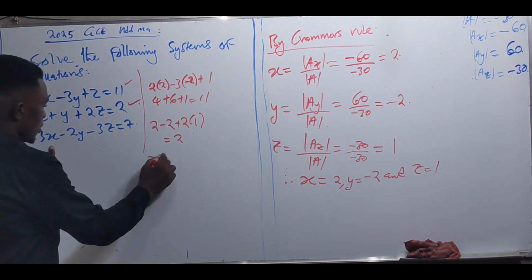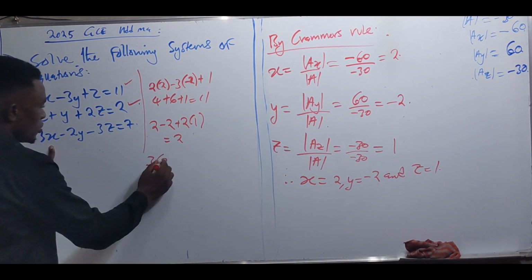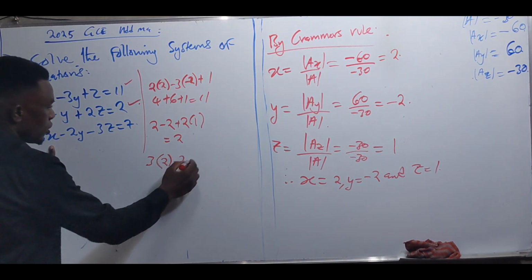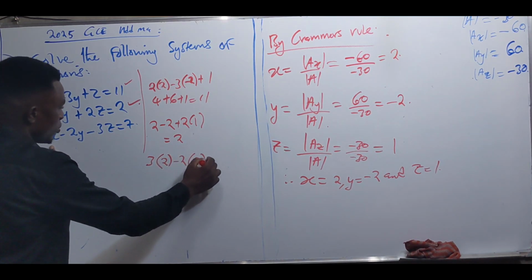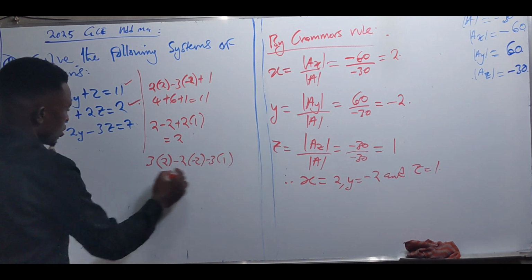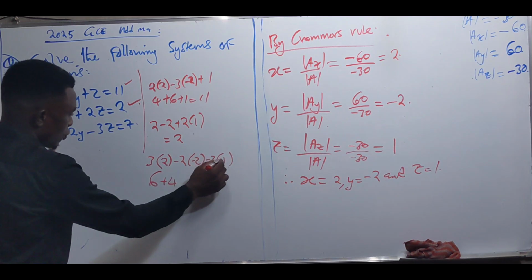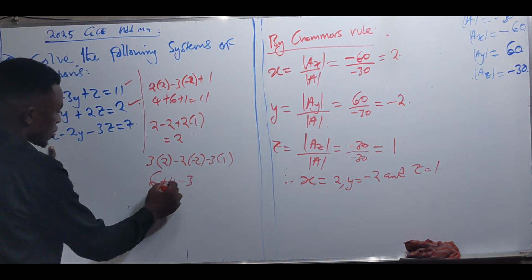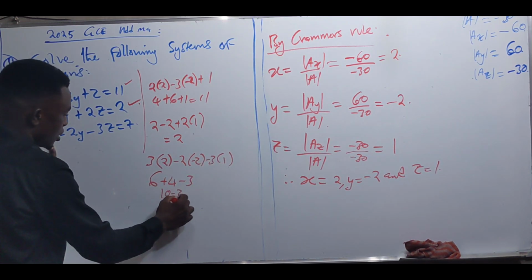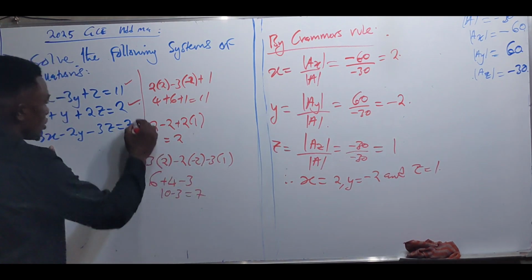If I get 3, where the x value is 2 minus 2, the y value is negative 2 minus 3, I'll put 1. So 3 times 2 is 6. Negative times negative is positive 4. Negative 3 times 1 is negative 3. 6 plus 4, that is 10 minus 3. This is 7. Great.